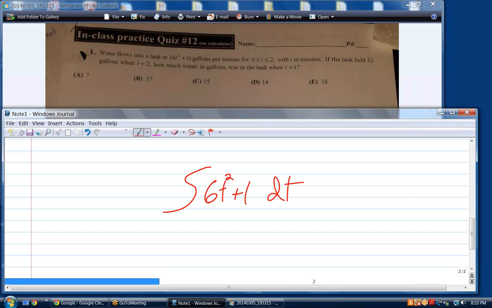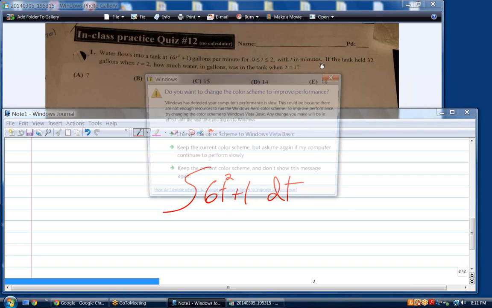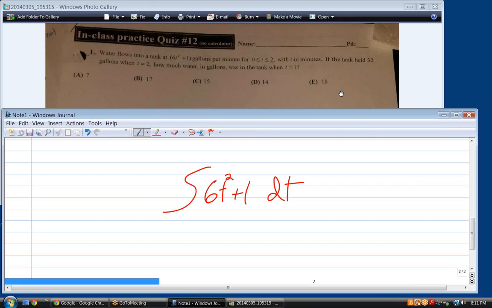So what information did they give us? It starts at 32 gallons. Well, not really starts at. In other words, they don't really tell us what it started at. I'm assuming that it started at 0, since they don't say anything about it. But they say that it held 32 gallons when T is 2. Well, if I were to integrate this function from 0 to 2, that has to equal 32.